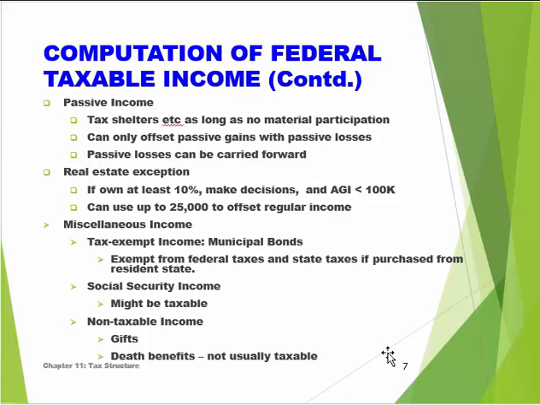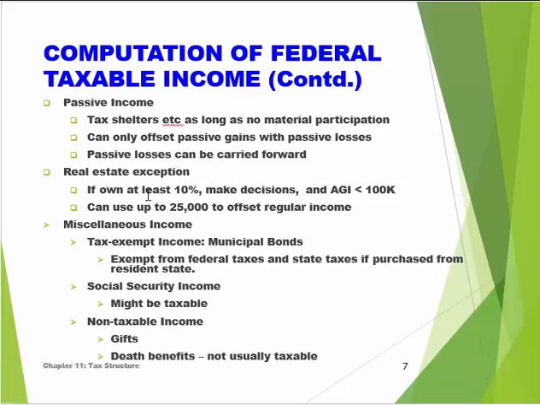Now, the things that are part of this are essentially things like tax shelters. So you have real estate properties that are rental properties. You have oil trusts, passive types of investments in companies like limited partnerships, etc.